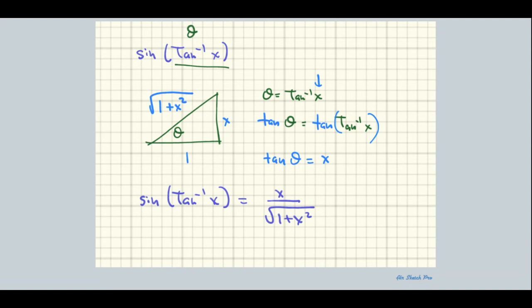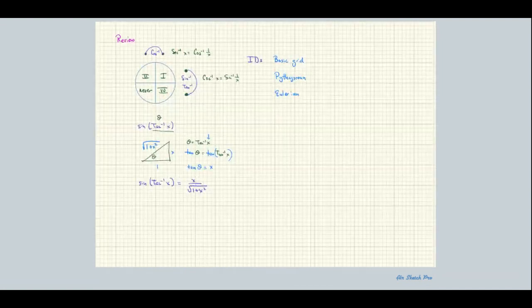So that was the basics on how to work that. We did other things, but that's okay. That's the basics. We also did it with the circles, but this was just a review.